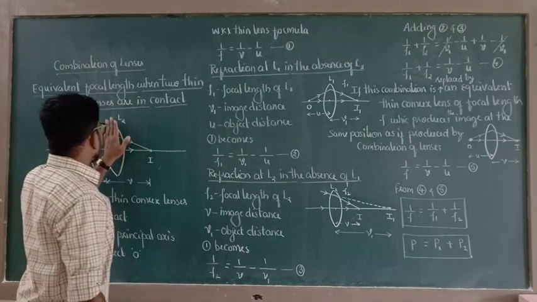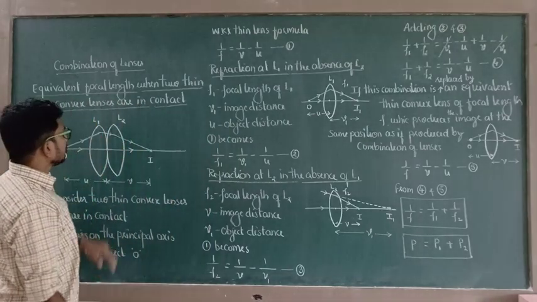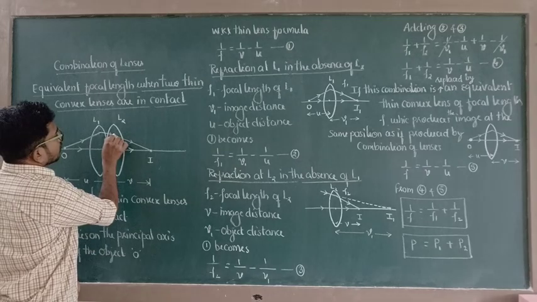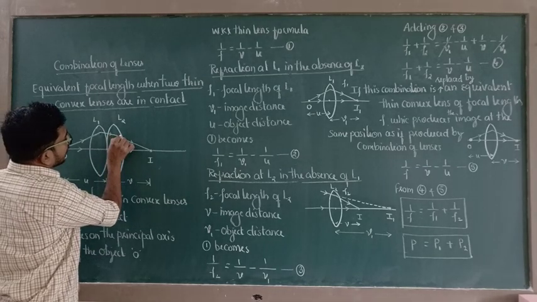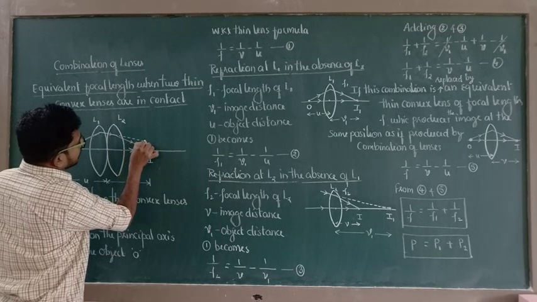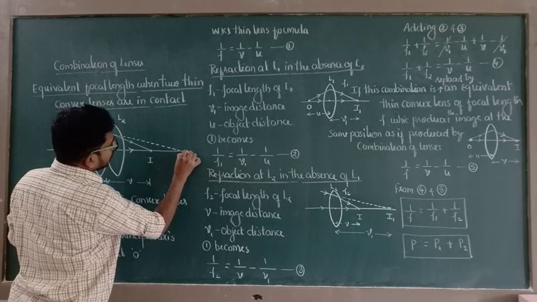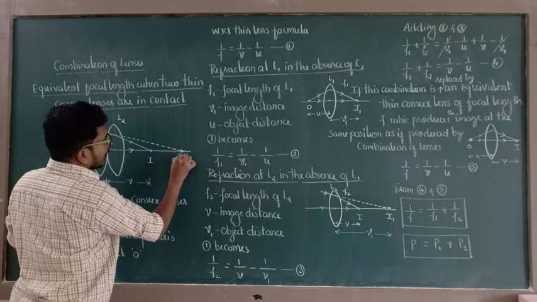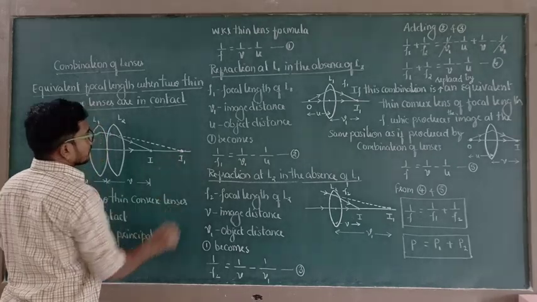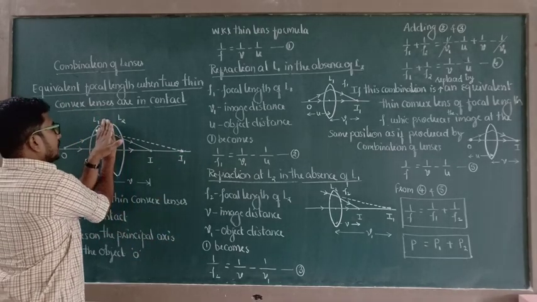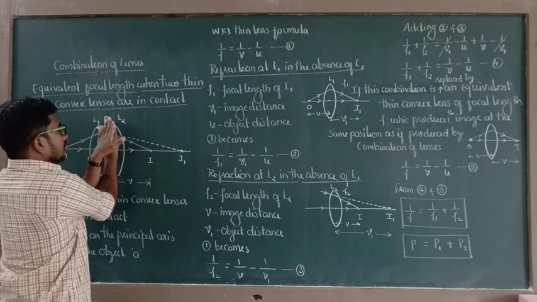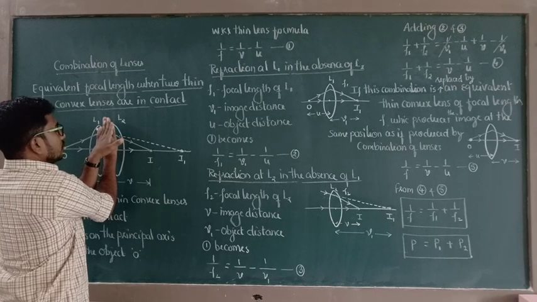So in the absence of L2, in the diagram if you want you can plot, if you are going to proceed this light ray, it meets the principal axis at some point. So this is I1, that means image with respect to L1 in the absence of L2.